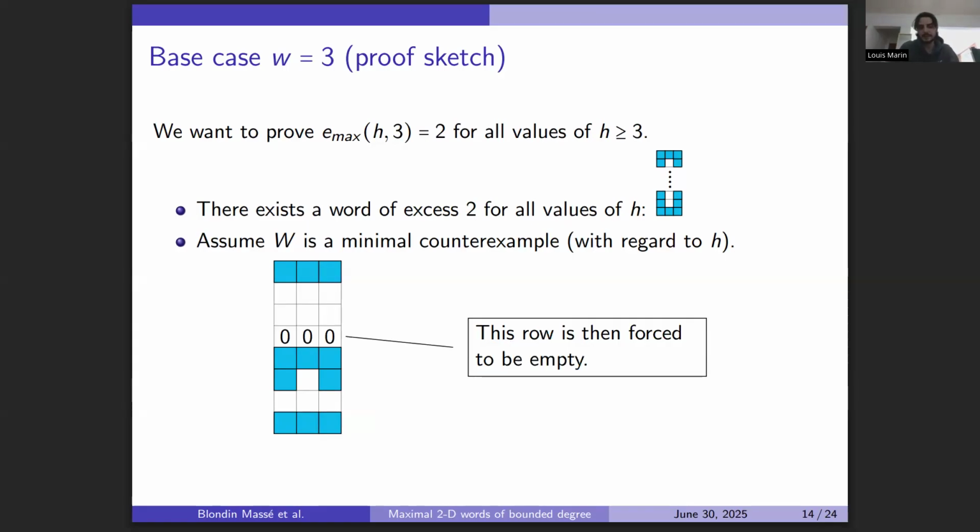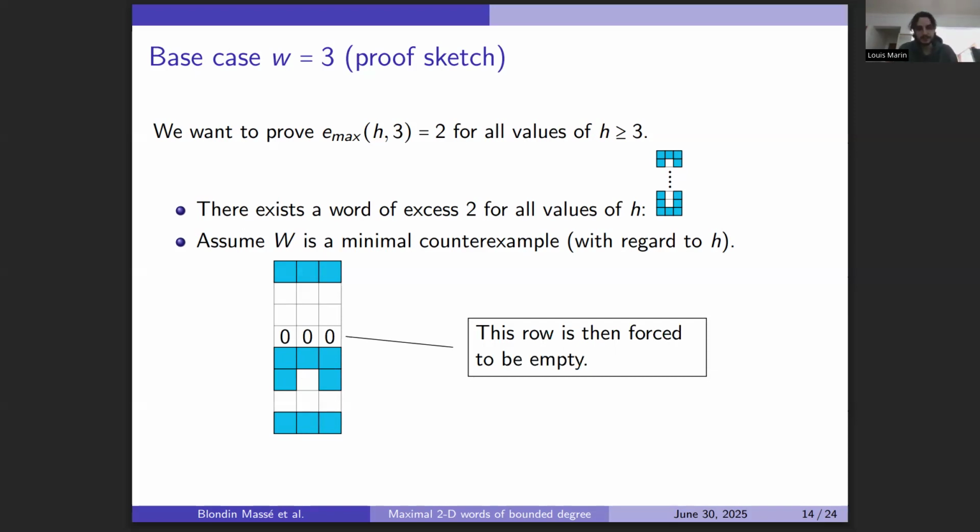Otherwise, any cell occupied at the row above would create a cell of degree 3. So anytime we have a bench, above the bench we lose a lot of excess, basically.